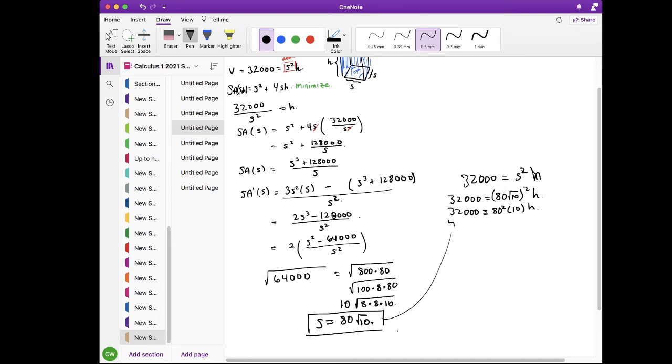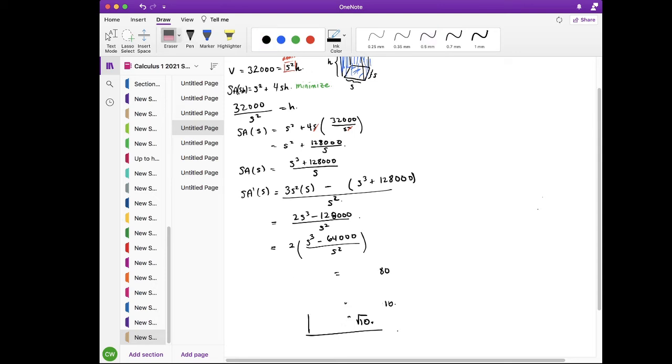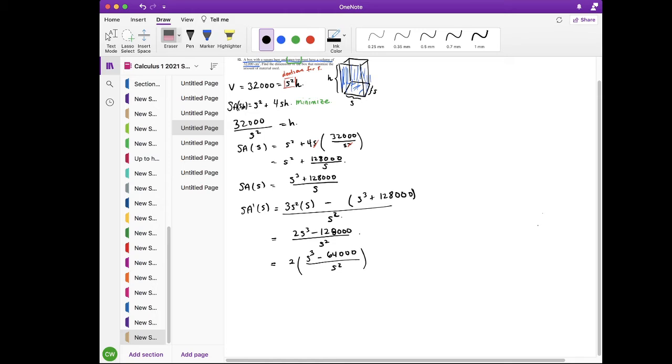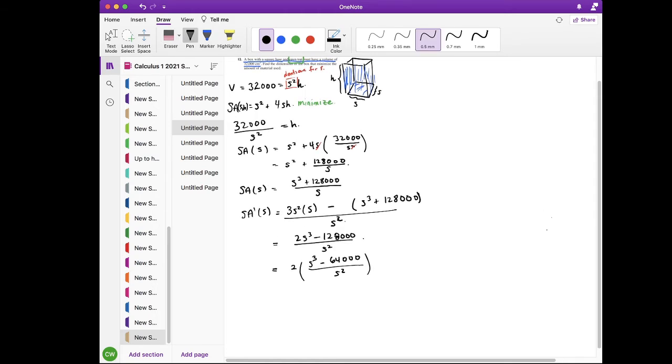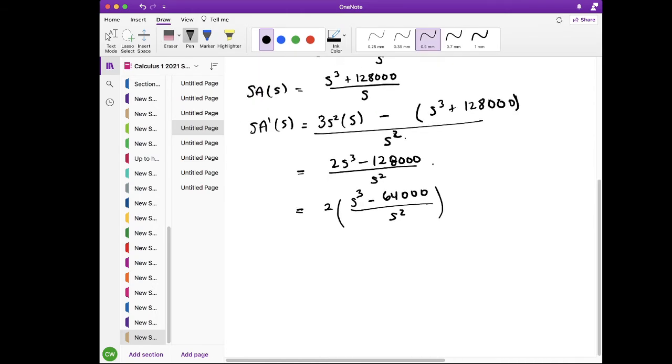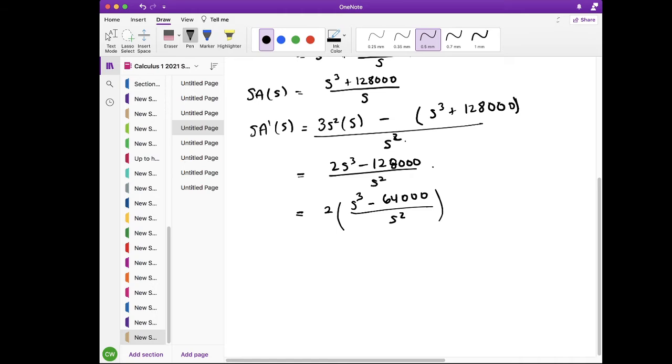Oh, yep. All right, sorry. Thank you. Yeah, I somehow turned that 3 into a 2. Is 64,000 a perfect cube? It's close to one, right? Or maybe it's not. 4 cubed is 64, is that right?